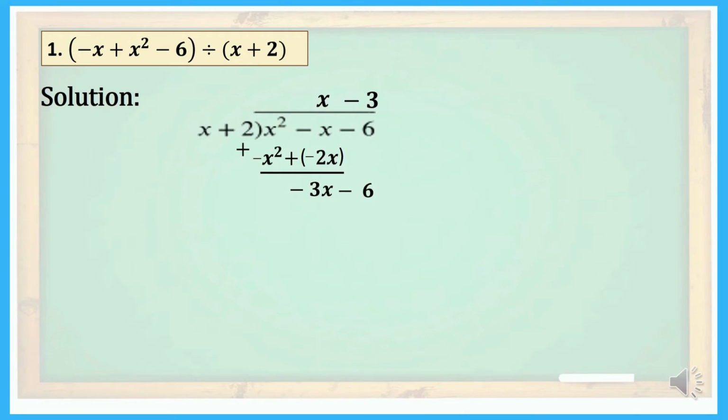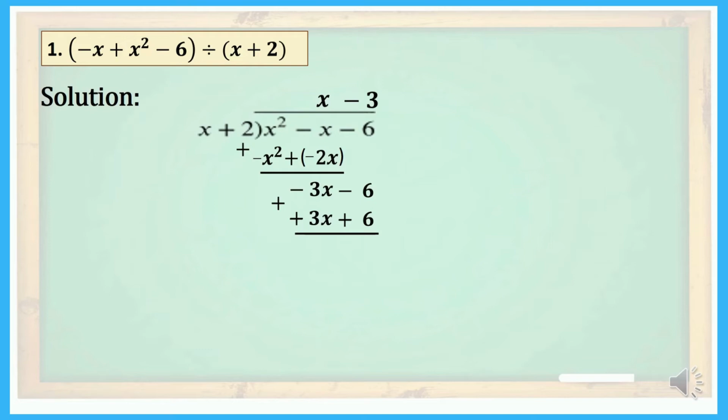Negative 3 times x is negative 3x and negative 3 times 2 is negative 6. Then change the sign of the subtrahend since it is subtraction. So negative 3x will become positive 3x and negative 6 will become positive 6, and proceed to addition.